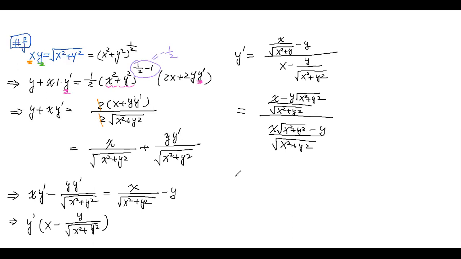Then you flip it, and so the final answer here will be x minus y times the square root of x squared plus y squared, over x times the square root of x squared plus y squared minus 1. You can simplify a little bit, but it's not that much.